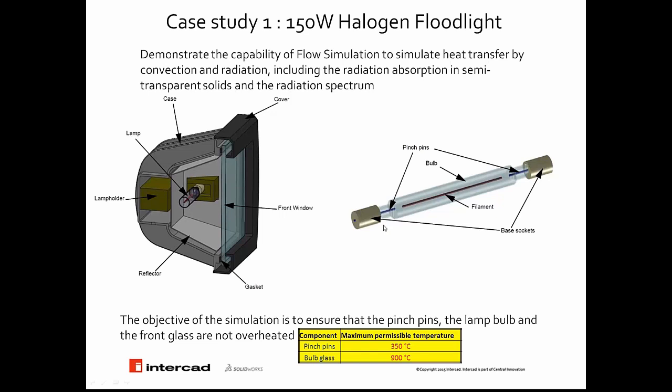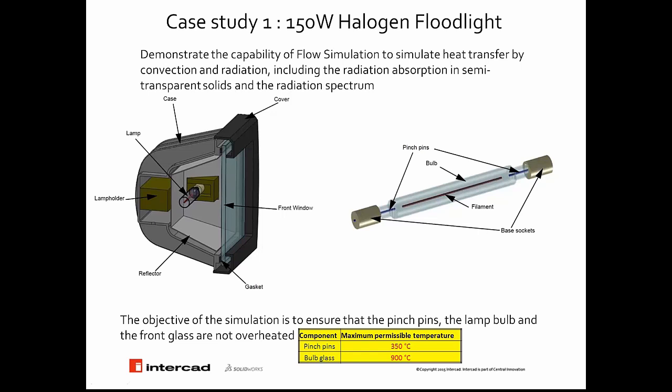To have a closer look at the lamp, you can see on the second picture on the right that the lamp consists of a quartz glass bulb, a straight line tungsten filament, a base socket made of molybdenum, molybdenum pinch pins, and ceramic base sockets.